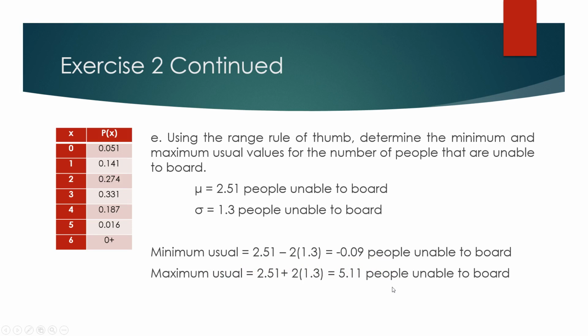The standard deviation of 1.3, 2 above the mean, would be 5.11 people. Again, don't round this, because if you round it to 5, you might have to say to yourself, well, I rounded to 5. Is 5 unusual or not? So I usually just choose to keep this in the middle, even though this is discrete data, because it will give you the ability to say, okay, 5.11, that's a little bit above 5. So anything above 5, 6 for example, would be considered unusual.